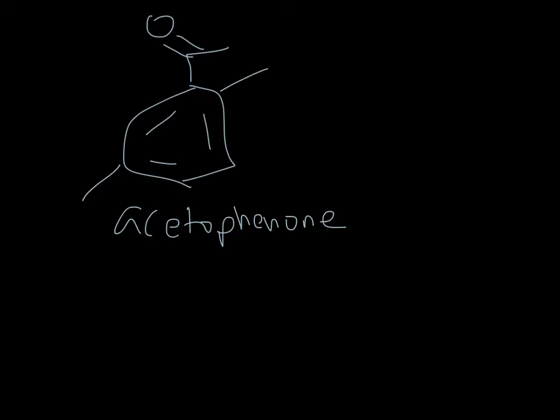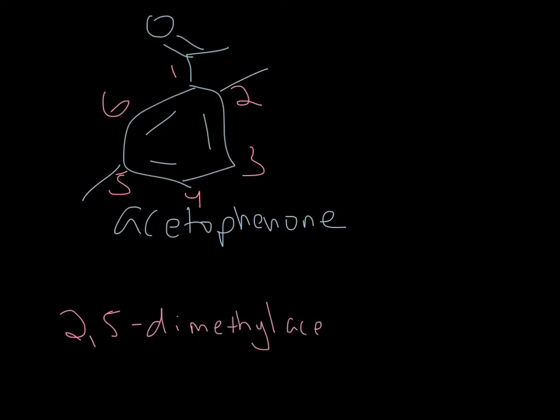So we'll start with our derivative, which is the acetophenone. So then 1, 2, 3, 4, 5, 6. So this is an acetophenone derivative. Specifically, this is 2,5-dimethylacetophenone. So the 2 and the 5 tell us where those methyl groups are relative to my acyl group, this guy, on the acetophenone.